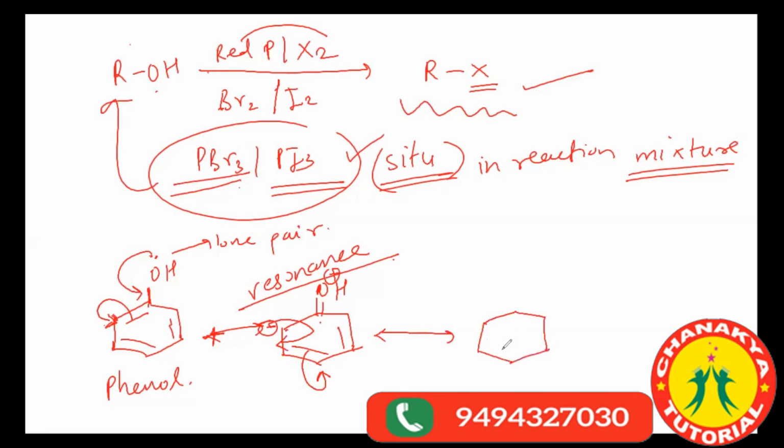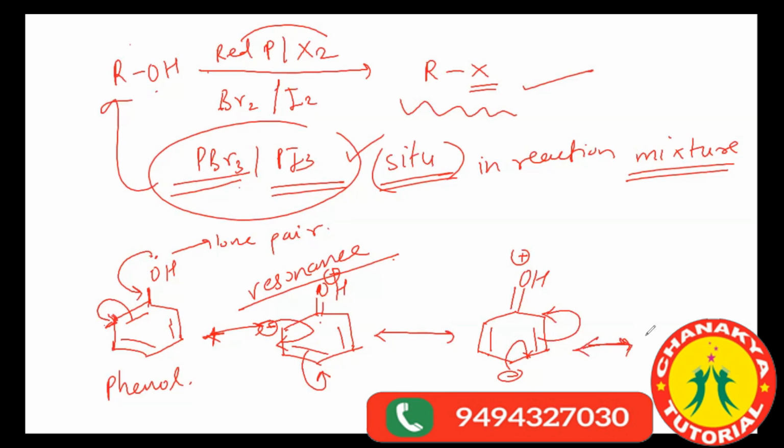Here the negative charge, here the double bond, and here the double bond to OH with positive charge. Similarly it goes over here, coming again to the ortho position from the para position. You will get another resonating structure.